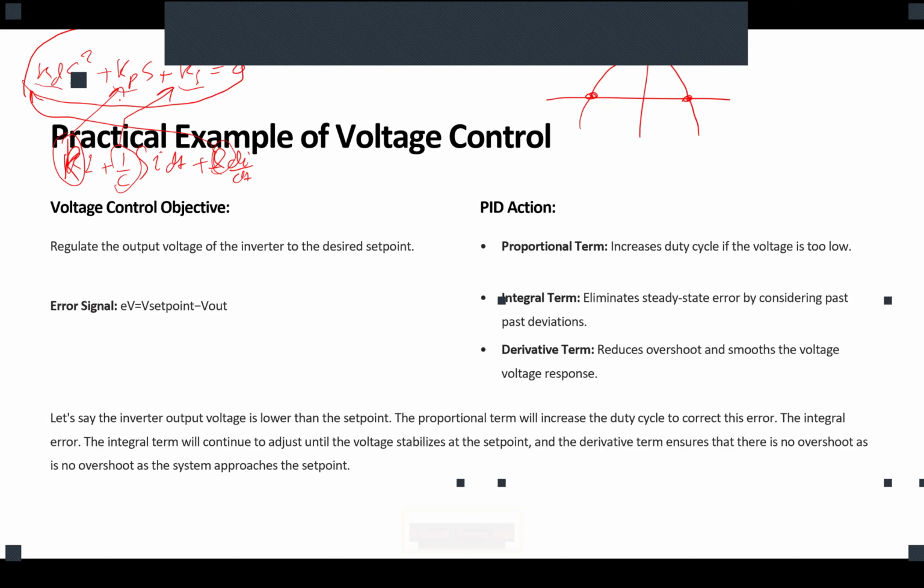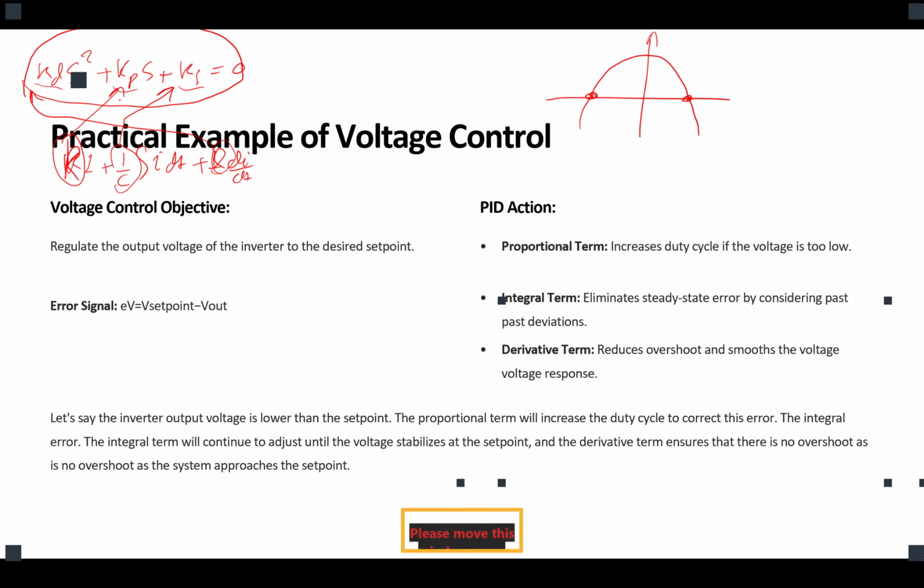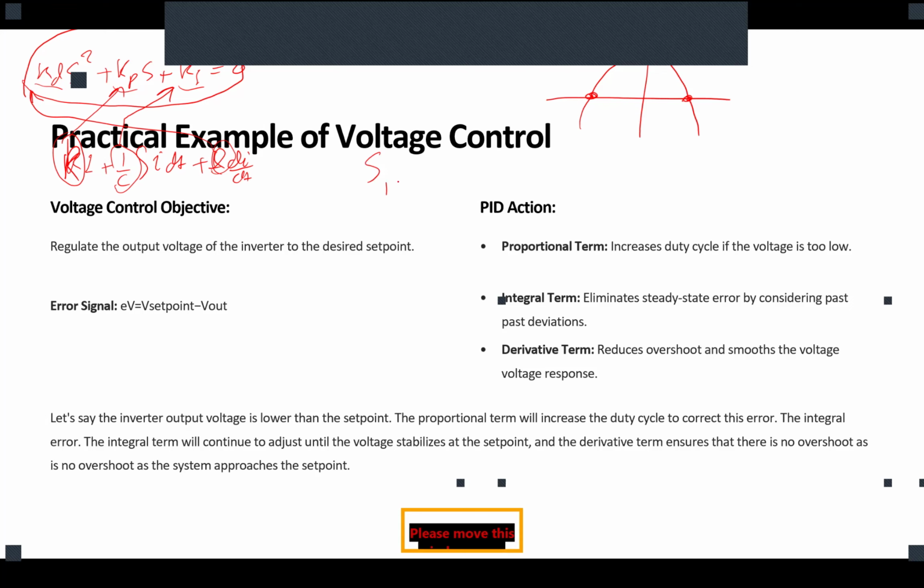Now if you run the values for the roots, S1 and S2 are going to be alpha plus or minus the square root of alpha squared minus omega squared.